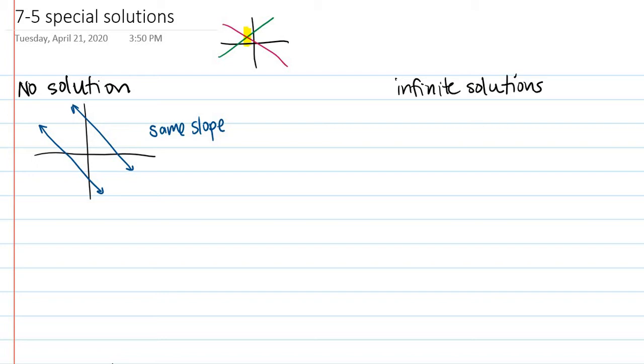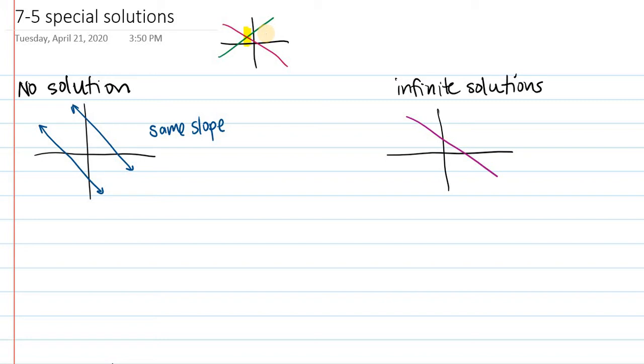For infinite solutions, again, remember, normally we had this situation where we had the pink line, we had the green line, and we had the place where they intersect. What happens when we have infinite solutions is that the two equations that we're given are actually the same line.